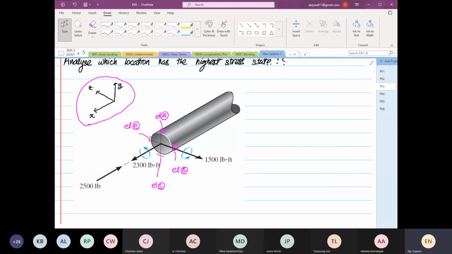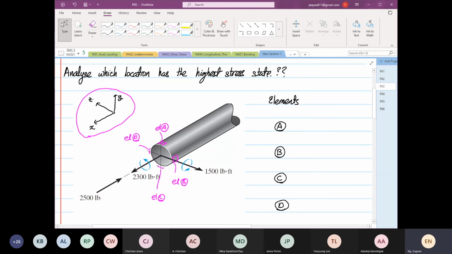So let's look at the elements now. We have element A, B, C, D. What we're trying to do down here is locate the highest stress state.